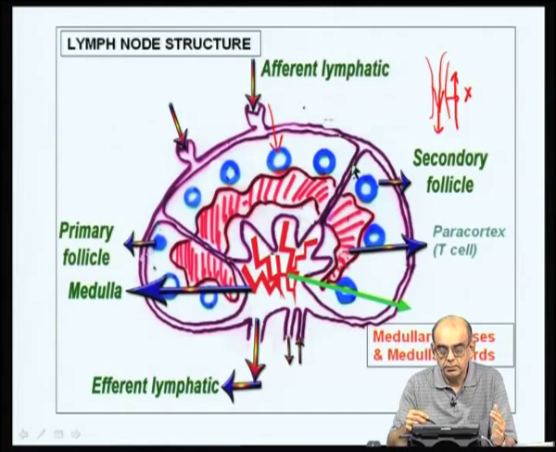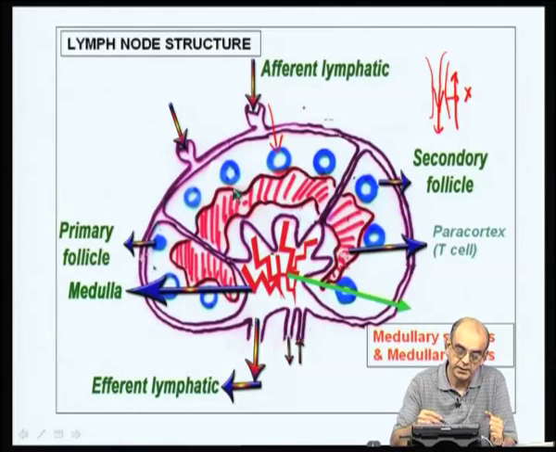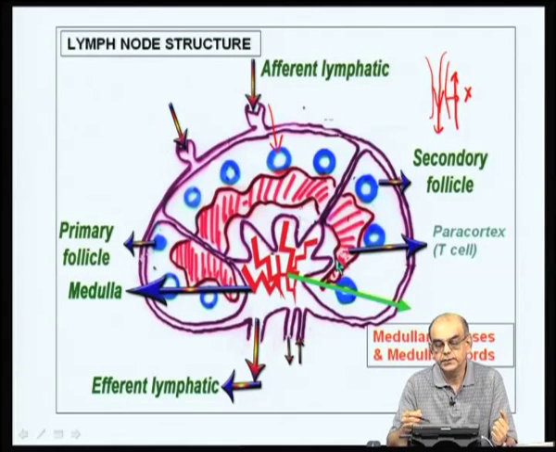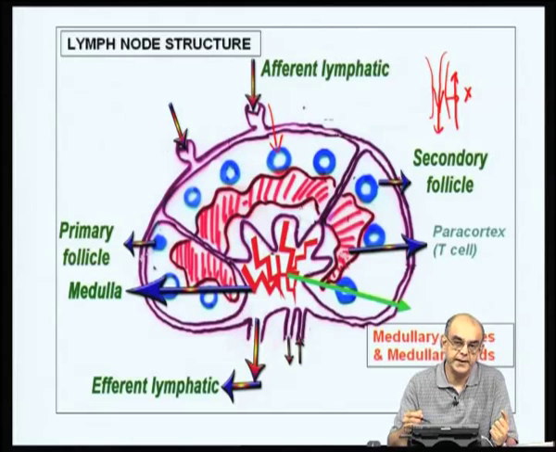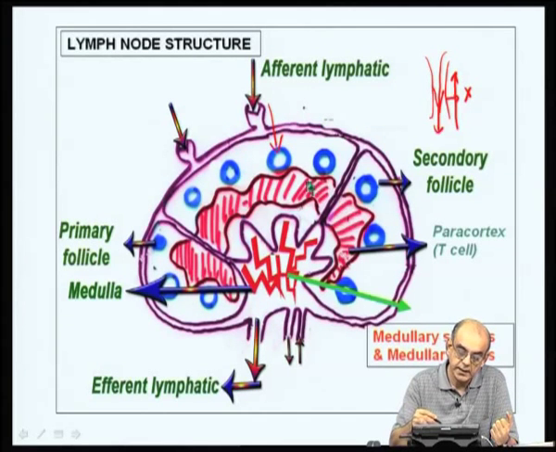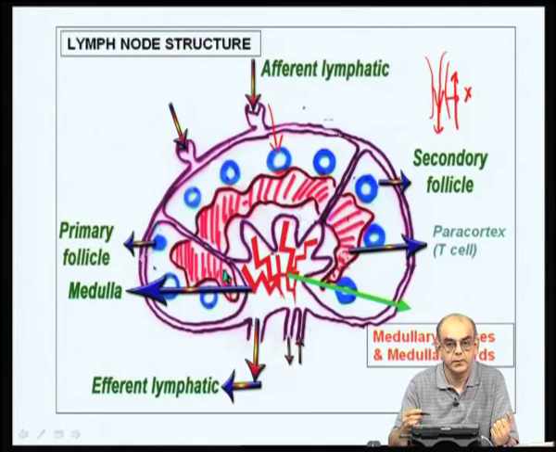During all this process, under the interior of this layer, you have an area called the paracortex. This red striped area is called the paracortex, or it is also called the T dependent area or the T cell area, because it consists mainly of T helper cells.